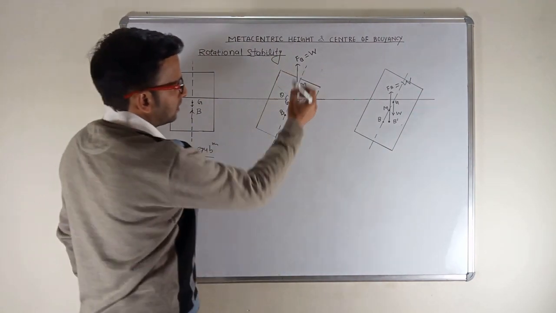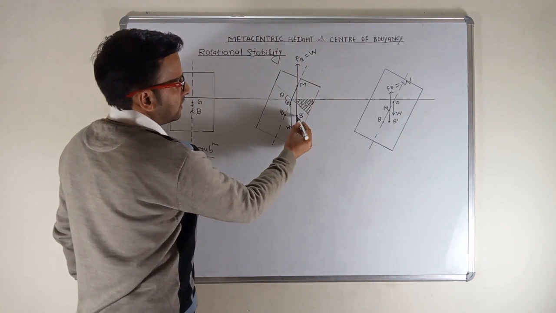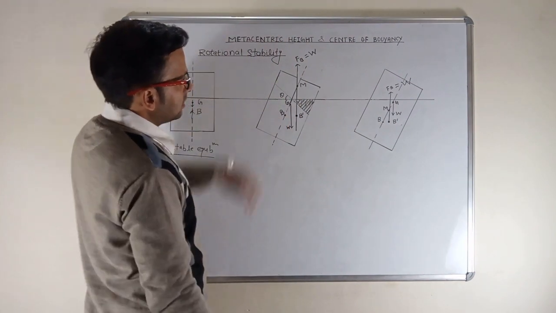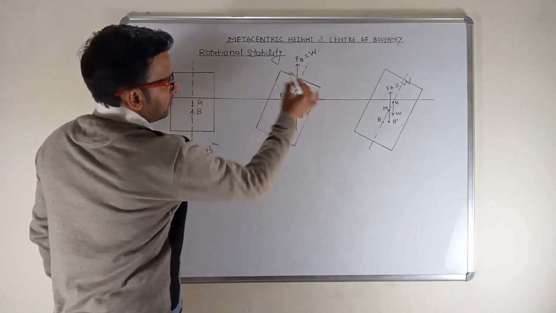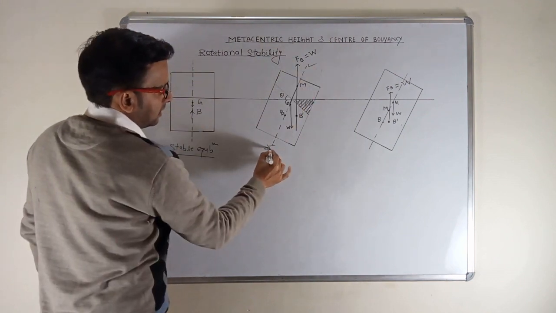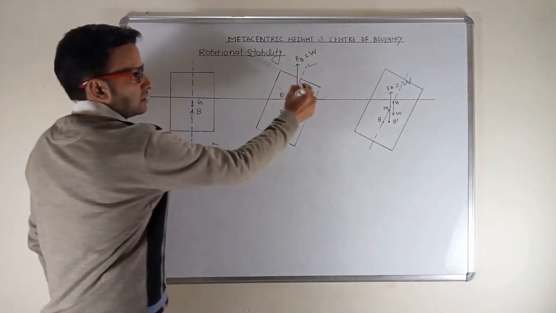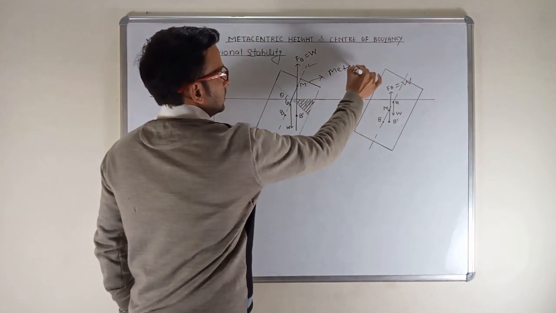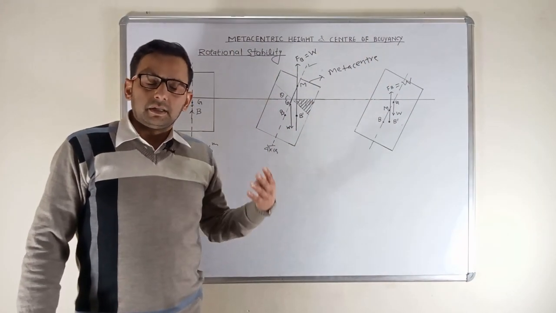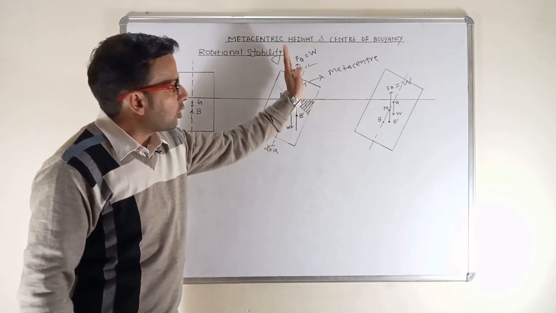If B dash is the new center of buoyancy, and I draw a line from B dash vertically upward, then you will get a point called M. M is nothing but the intersection point of the axis of the body and the line of action of the buoyant force, and this M is the metacenter. So the metacenter is a fixed point in a floating body, which is the intersection point of the axis of the body and the line of action of the buoyant force.